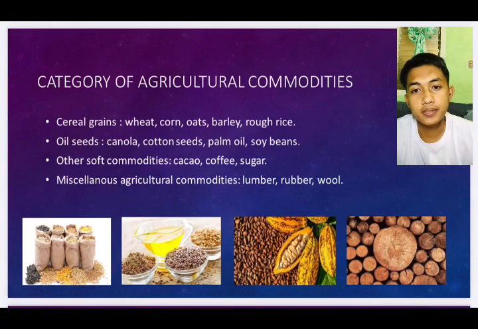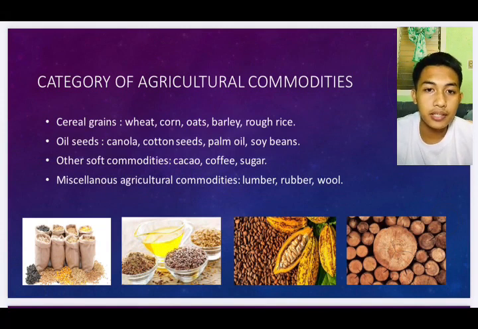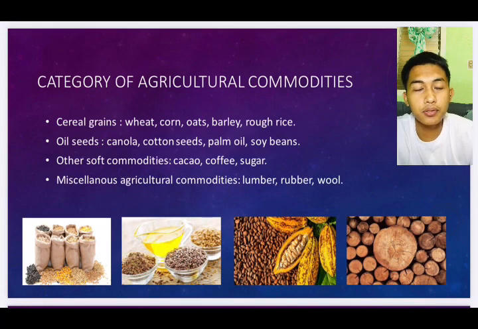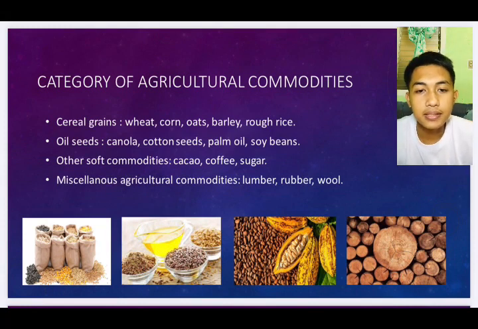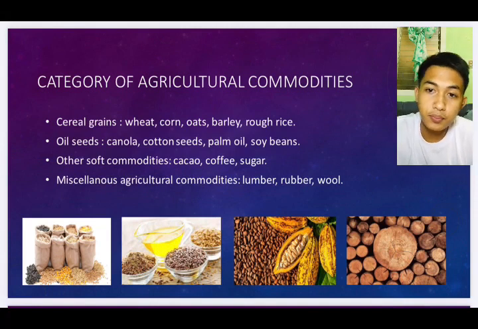Multiple steps are taken to remove the hull, flake, extract, and refine the oil. Then, sub-commodities are the world's oldest traded products and are still traded publicly. Lastly, miscellaneous agricultural commodities are used by humans in some other way.